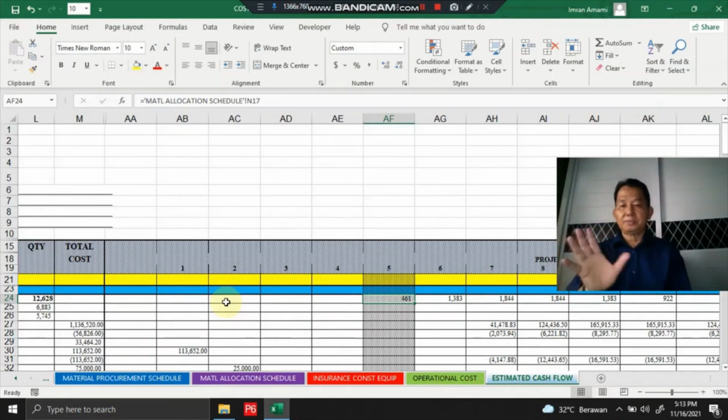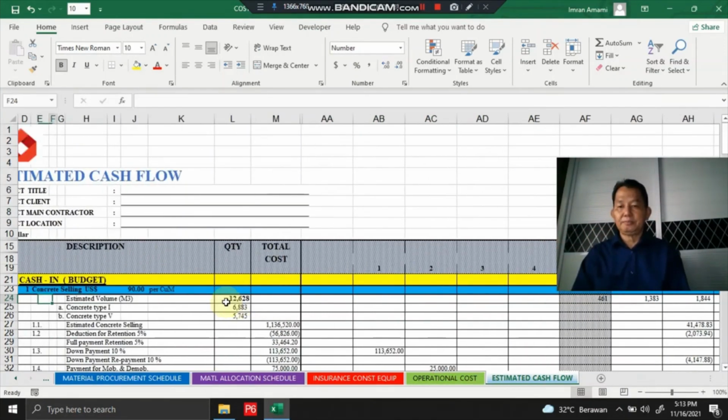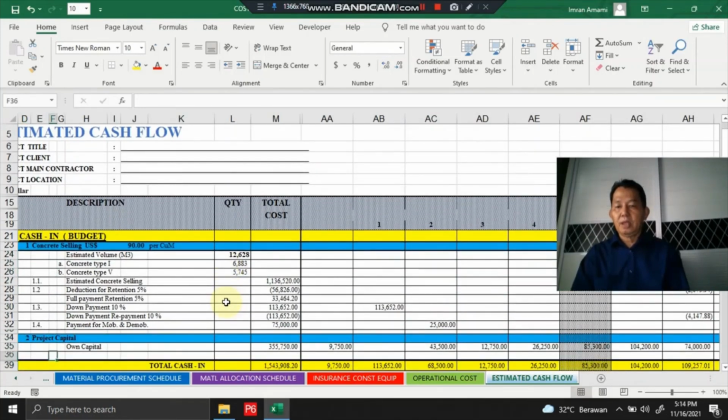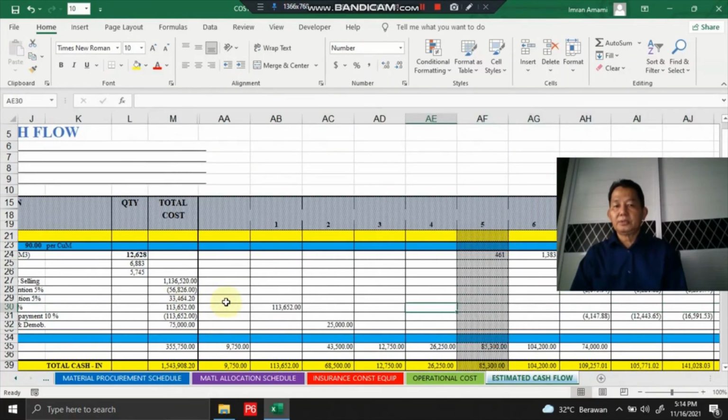For the cash in budget here, we receive the down payment 4 months earlier, before the starting month of the concrete supply.